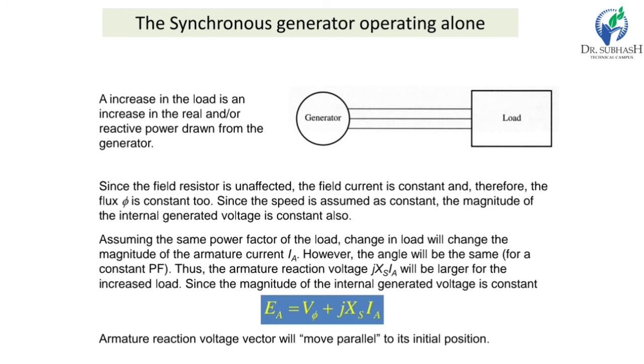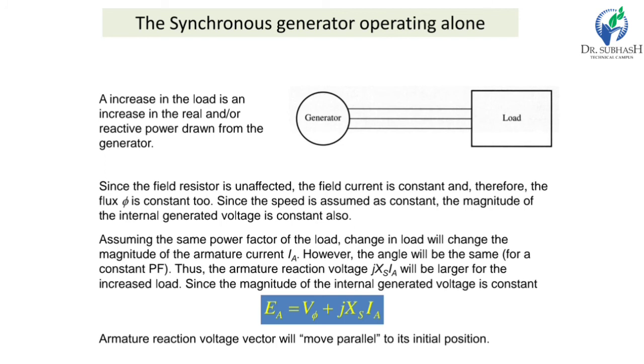Here jXs Ia must be drawn at 90 degrees to V phi, and EA is at an angle of 0 degrees. It is the factor that has the same value as before load variation.